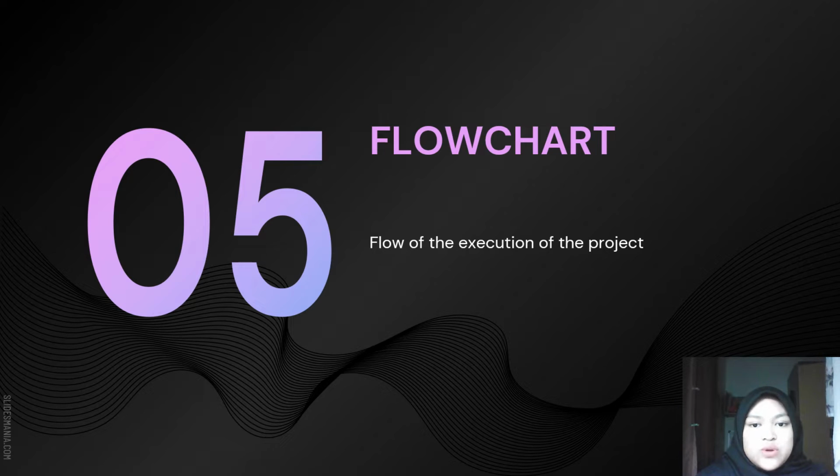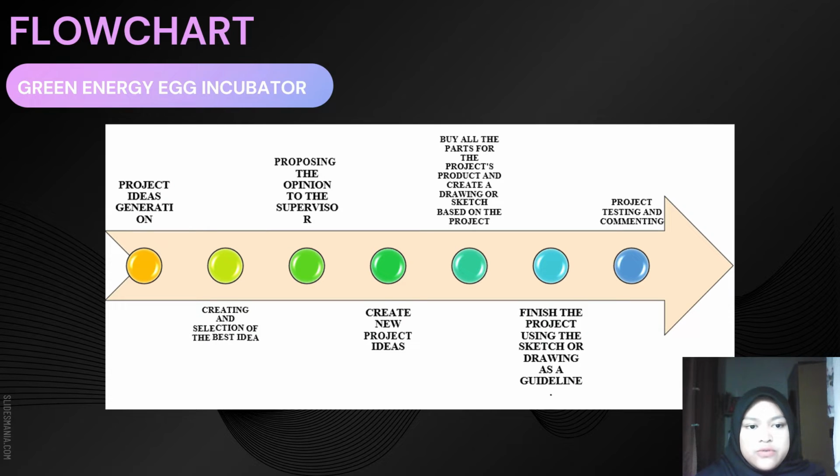So next we go to the project work, the execution of the project. First we do project idea generation, where we sit in one group and discuss our project idea. Second, grading and selection of the best idea.